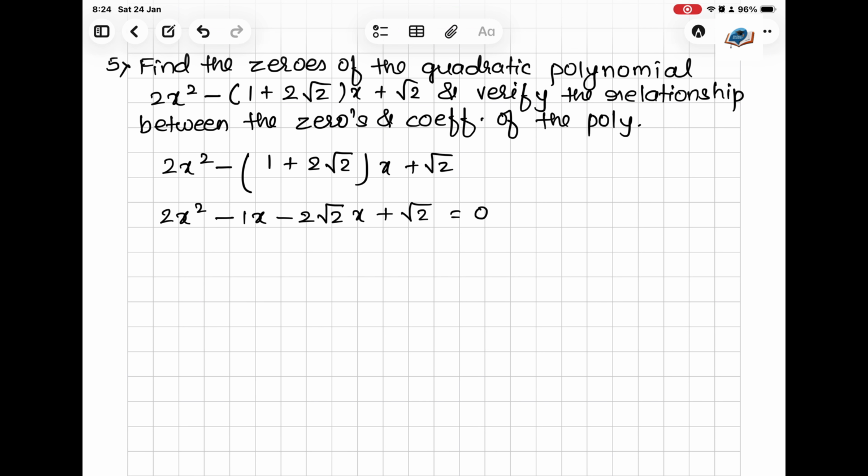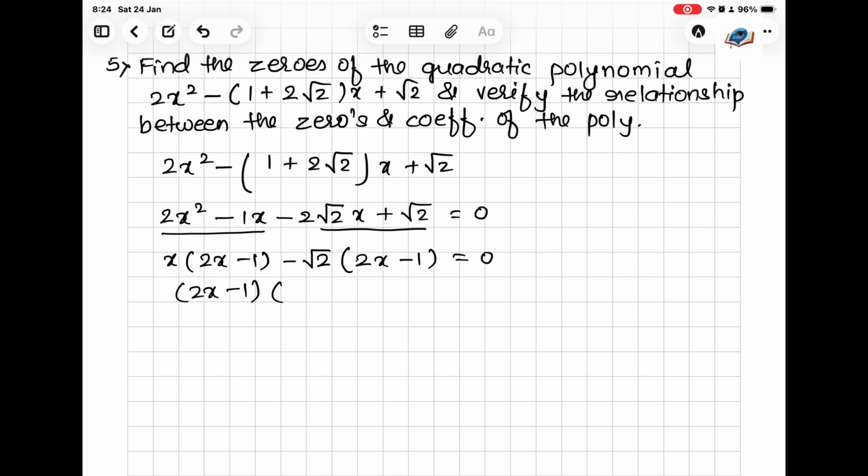Now if you see clearly from these two, if I take x common, I am getting 2x minus 1. Same way, if I take minus root 2 common from the rest two, I will get 2x minus 1 equal to 0. So 2x minus 1 or x minus root 2 equal to 0.